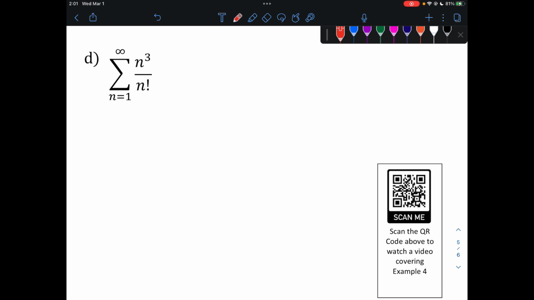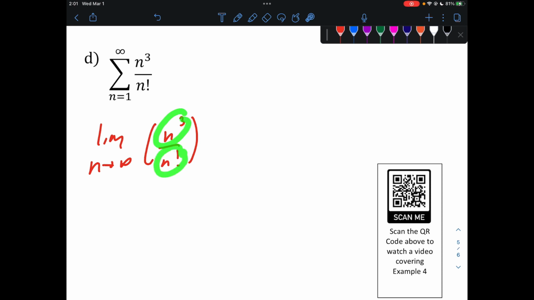And here's a factorial one that we were talking about earlier, right? So n cubed over n factorial. So we want the limit as n approaches infinity of n cubed over n factorial. So again, as I said earlier, just think of the logical impact they have on this series. How do I do that in this one?